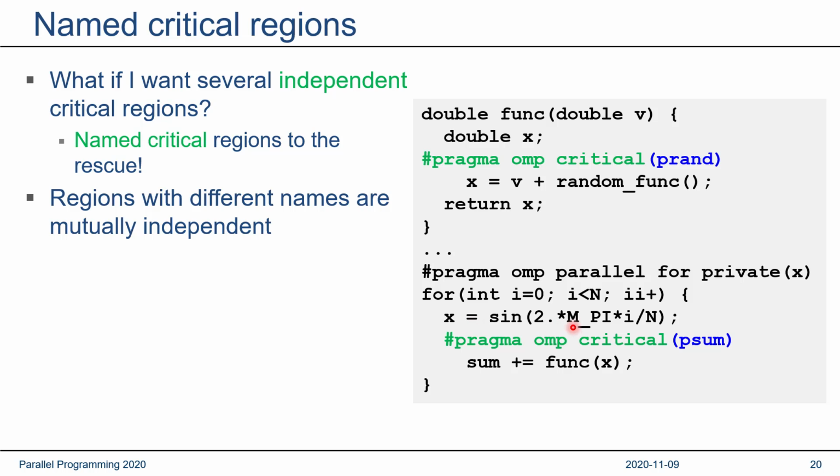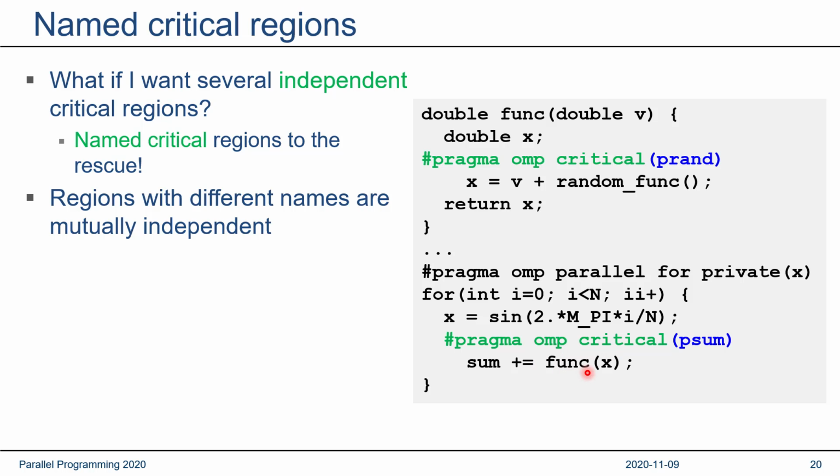We calculate some temporary value x, and we sum up a function which gets x as an argument, and the function returns a value. We sum up these values into a summation variable. Of course, since sum is shared, we'd like to avoid a race condition. So this update has to be protected by a critical region.